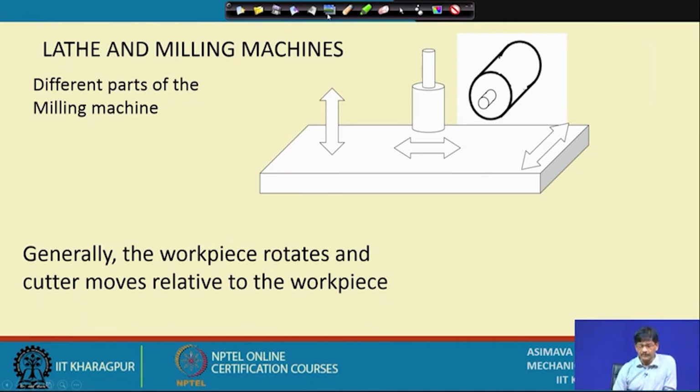The column gives structural support to all the cutters and their required rotational motion. The column is at the back giving support to the main machine, and all the kinematic connections are through the column, and the knee supports the table.